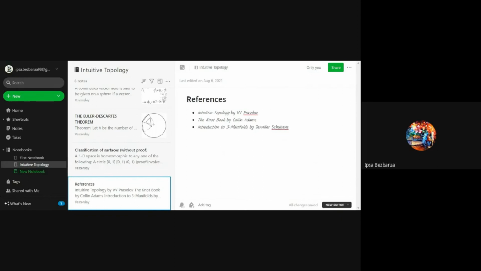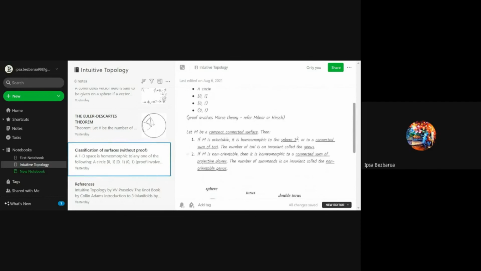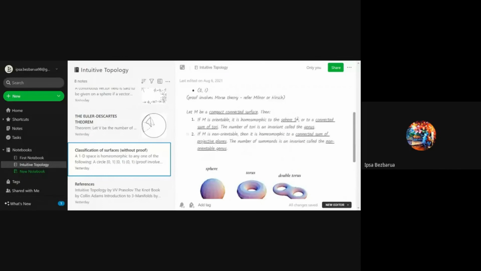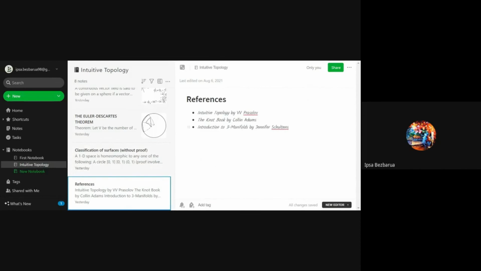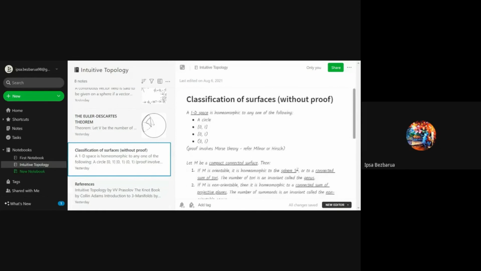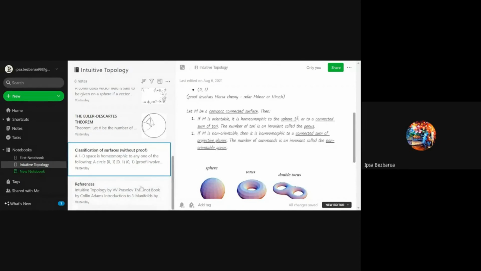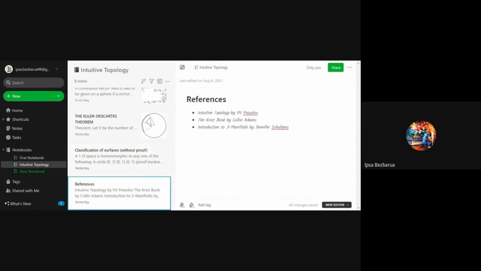And Schultens includes a proof of the classification theorem of compact surfaces, but it's very long. It will take over an hour to complete that. So maybe sometime later. There is a smaller proof of the classification theorem of surfaces, but that involves a lot of homology and I don't understand it, to be honest.